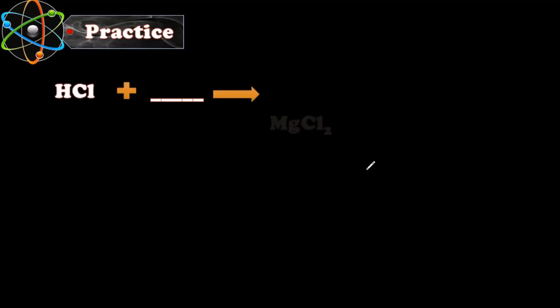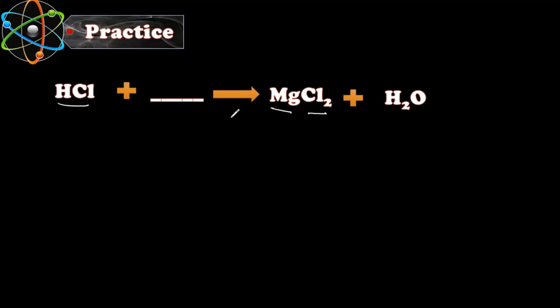And here, let's have just some practice. In the exam or something, you'll have equations, and then you need to complete the equations or just write equations. Now, if we have an example like this, HCl plus a blank gives us magnesium chloride plus water. So the salt is magnesium chloride, and this is acid. So it gives us salt plus water.